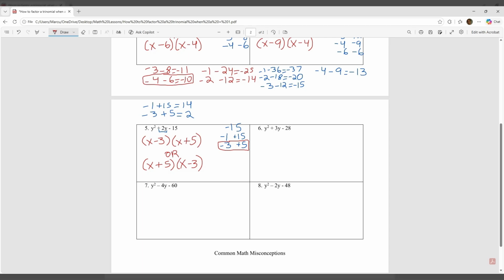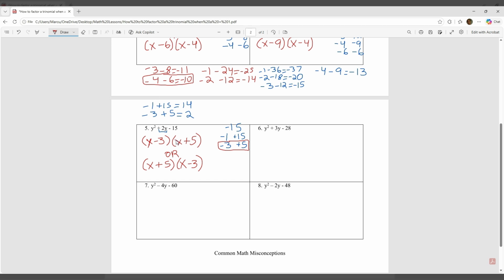Welcome back, everyone. Before we proceed to question 6, let's do a minor fix on question 5. If you have not noticed, we have a y squared in the beginning here. Therefore, we're not going to use x. We're going to use y instead.